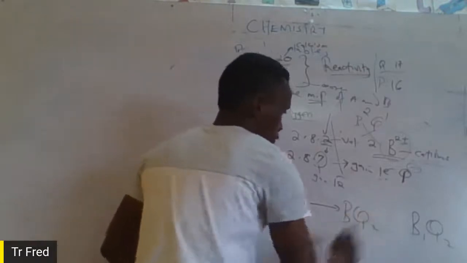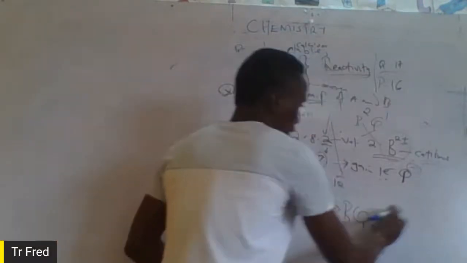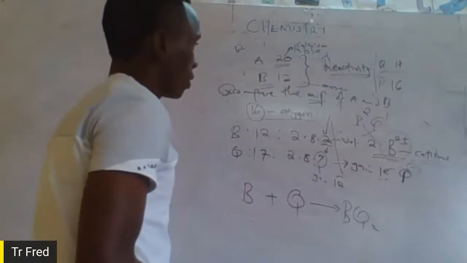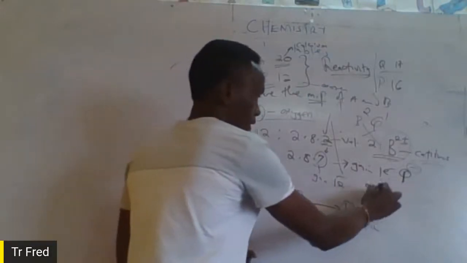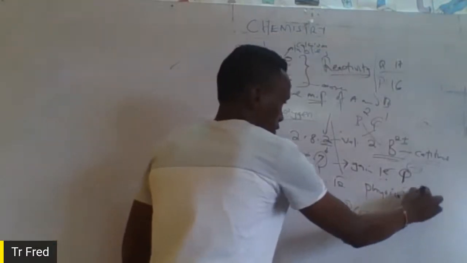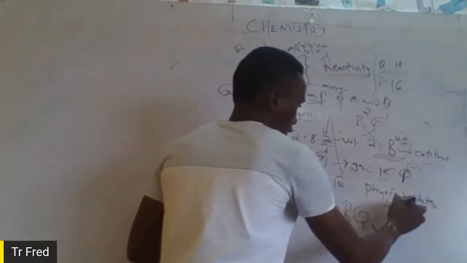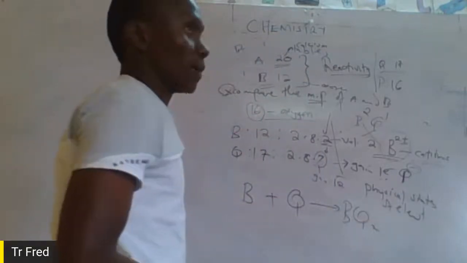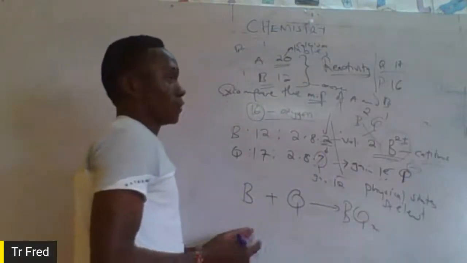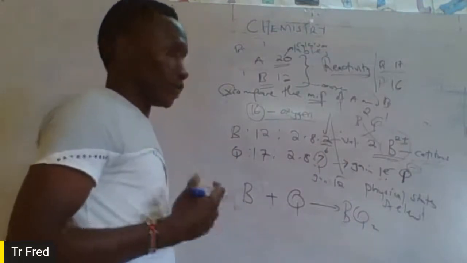Now the other step is to know the physical states of the elements present. Remember, we have said that B is a metal because it forms ions by losing electrons.